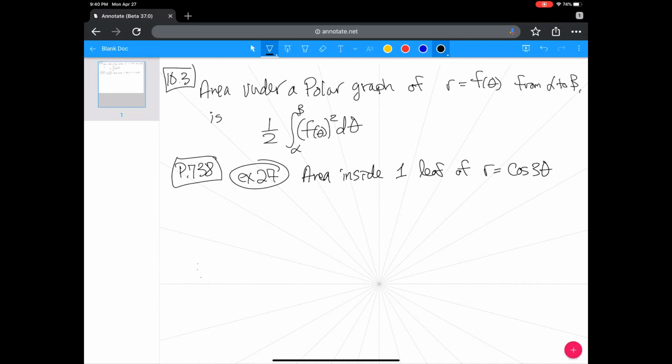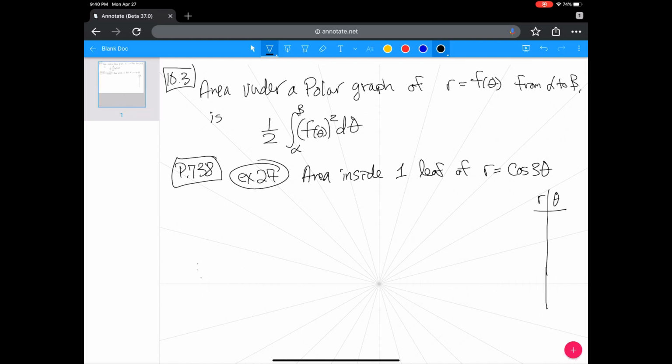Then we want to get the area in one of these leaves. Now we get a little review of what we did in the previous section. I'm going to imagine that I put in some thetas and get some r values, and also imagine the overall range of this function, and then try to make a sketch.